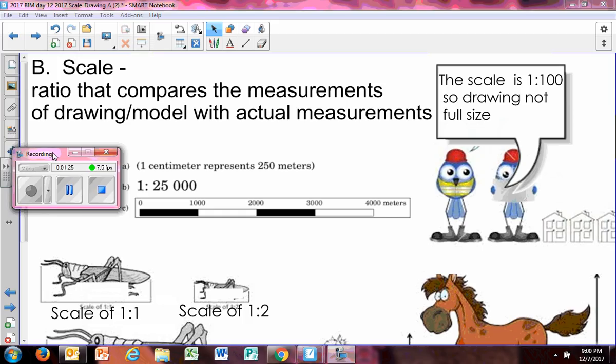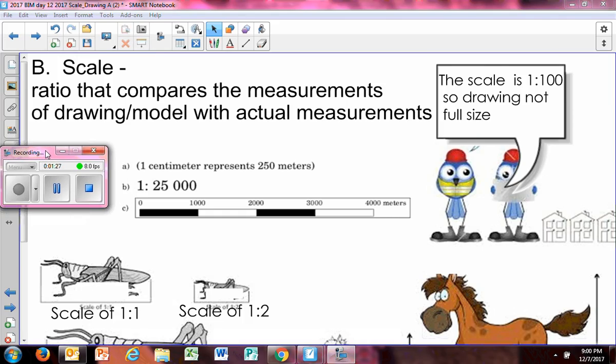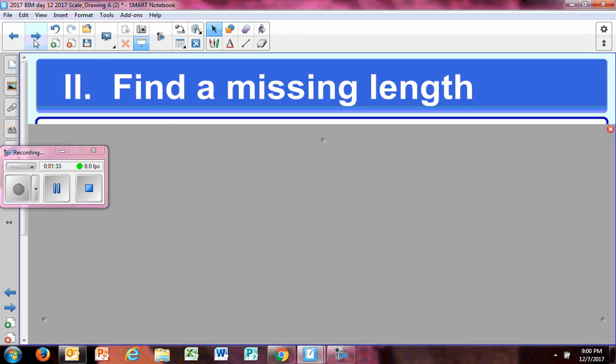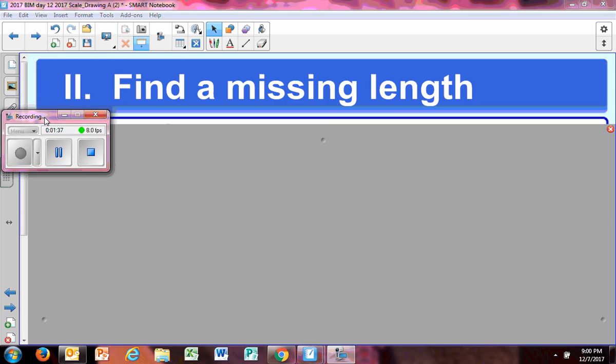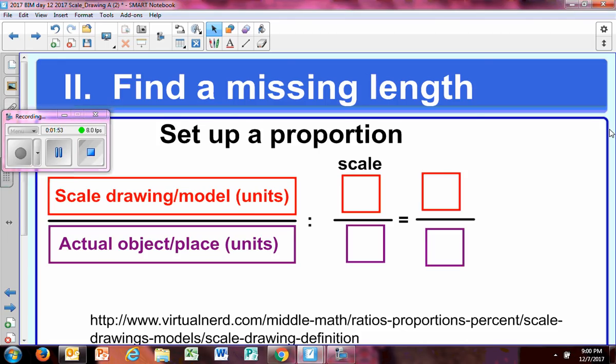After you have recorded these two vocab words in your toolbox, I want you to move to Roman numeral 2. This is where we are going to find a missing length of something, whether it be the drawing or the actual. We're going to set up all of our proportions the same way, and that looks like this.